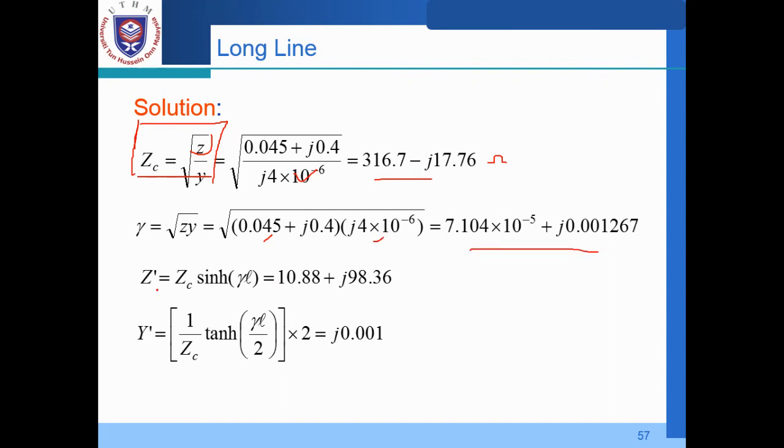So we have Z prime, which is ZC, the characteristic impedance, into the hyperbolic sine of gamma L. This is gamma here.